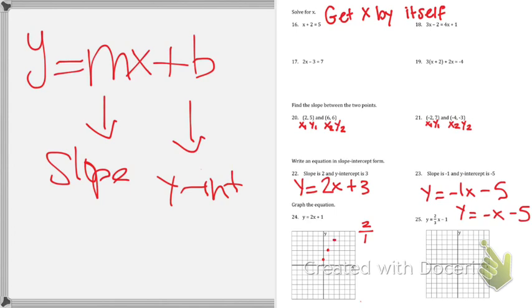Over 1. Rise 2, run 1. Now your line doesn't have to be perfect. Now that line is increasing, which means it has a positive slope of 2.